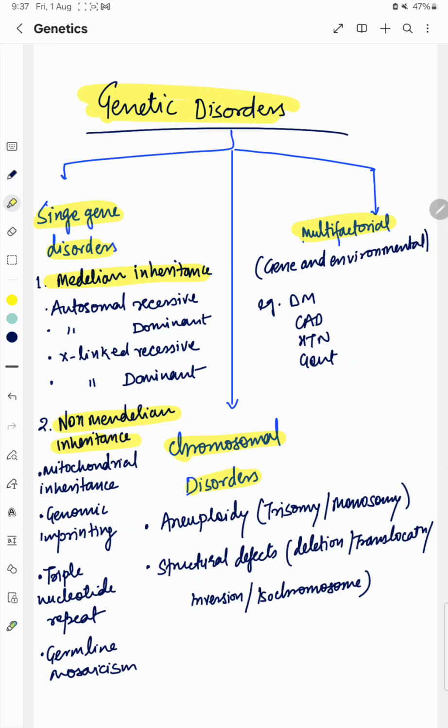In Mendelian inheritance we have autosomal recessive, autosomal dominant, X-linked recessive, and X-linked dominant disorders. In non-Mendelian inheritance we will discuss mitochondrial inheritance, genomic imprinting, triplet nucleotide repeat disorders, and germline mosaicism.